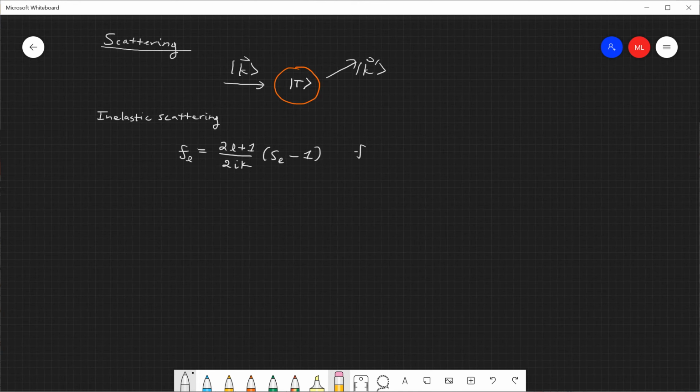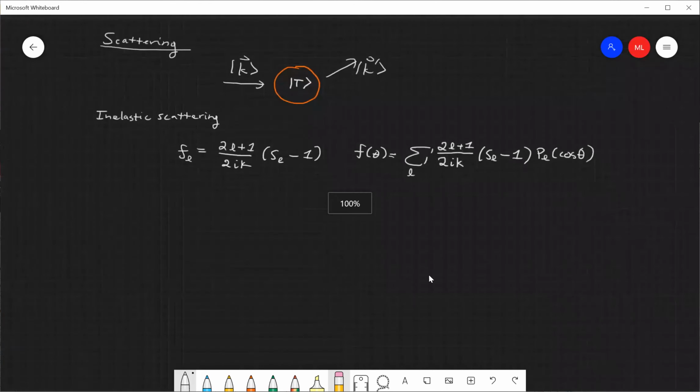And remember that the scattering amplitude we can write as a sum over L, for a spherically symmetric scattering potential, so that the scattering amplitude only depends on the angle between the incoming and outgoing beams. This is what it looks like, with these Legendre polynomials.